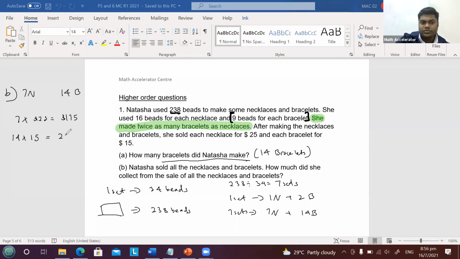This will give you 210. Then just add this and this, you'll get your answer. 175 plus 210 will give you $385.